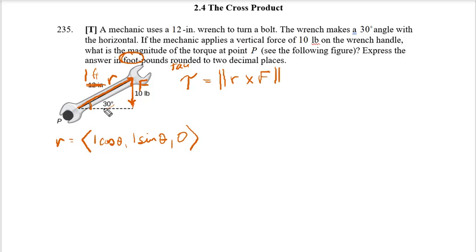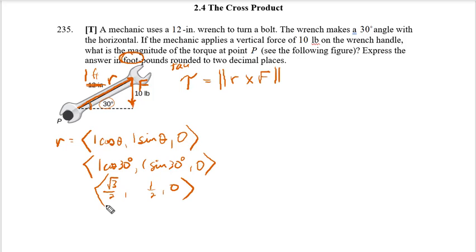And the theta is the 30 degrees. So our R is 1 times the cosine of 30 degrees, 1 times the sine of 30 degrees, and 0. Cosine of 30 degrees is square root of 3 over 2. Sine is 1/2, so here is R.